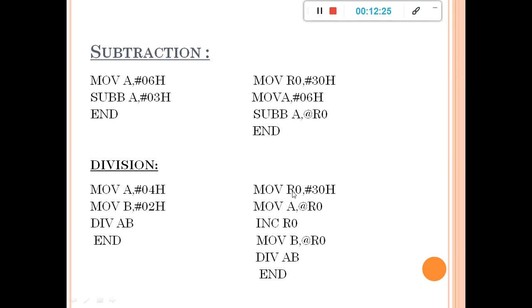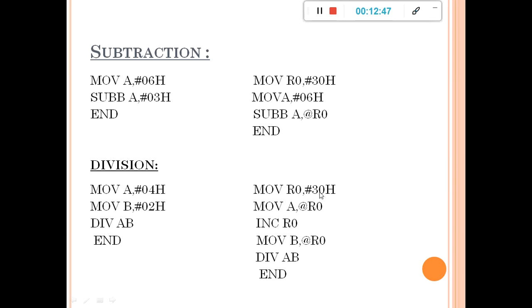Then this is again using the indirect addressing mode. MOV R0, #30H, so I am initializing the pointer. Then I am taking the data present in the 30th location into the accumulator. Then I will increment R0.